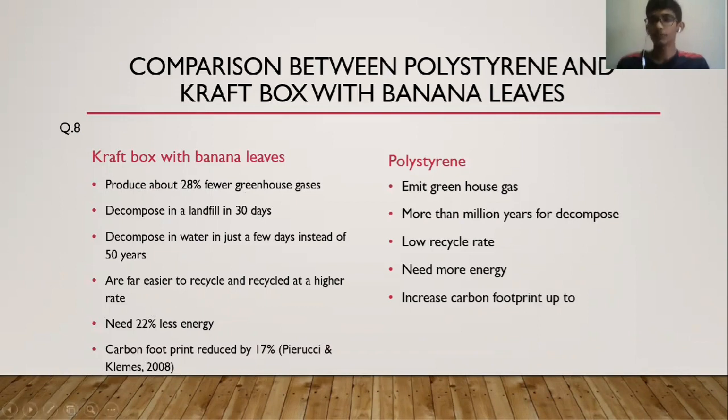It is also very easy to recycle these types of materials, so the recycle rate is very high, and it needs less energy to manufacture, and it also reduced the carbon footprint by 17%, as recorded by Perisio Kelmas, 2008.